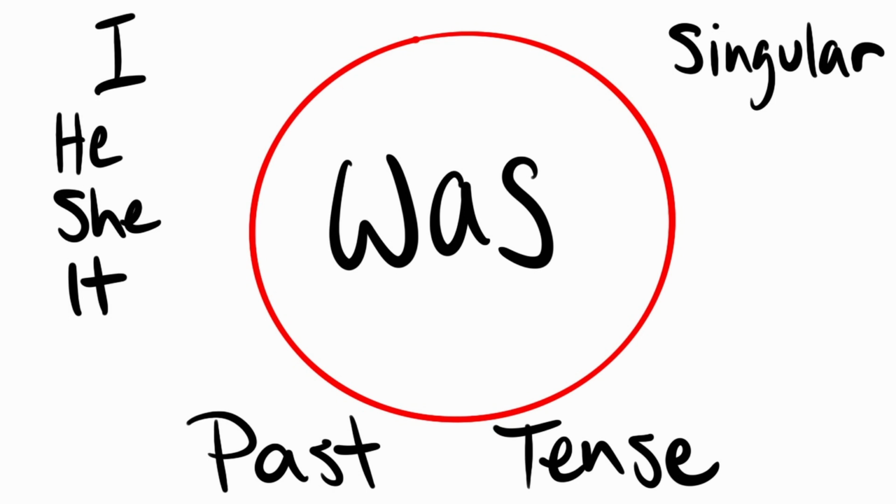So for singular subjects, whether it's I, first person singular, or he, she, it, third person singular, and you can extrapolate that into a child or a bridge or a place, a country, or some idea, right? As long as it's one, in the past tense, it was. He, she, it was. I was. So that is be verb mask number 1, the word was.